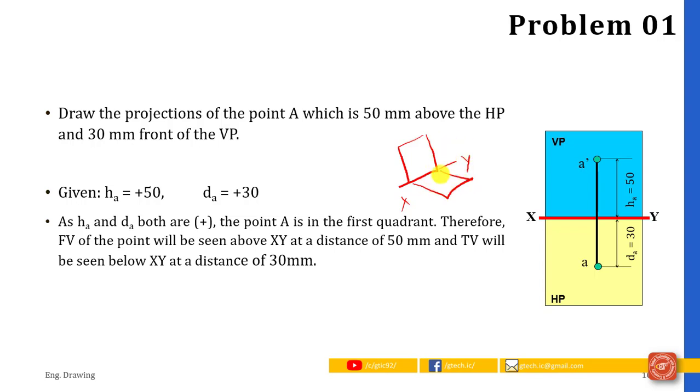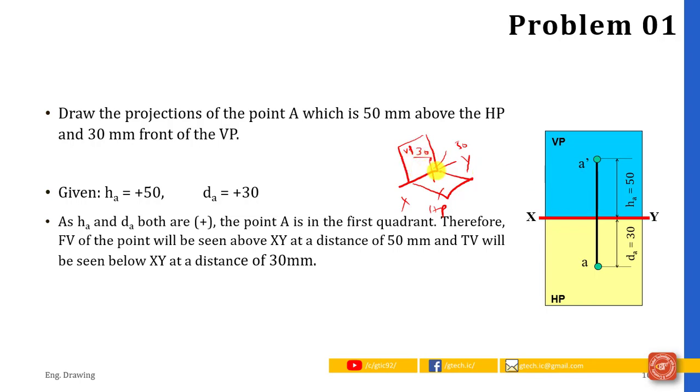Okay, let's draw the position of the point in 3D. This is the point which is 30 millimeter in front of the VP and 50 millimeter above the HP. So this is the HP, this one is the VP. The point is 50 millimeter above and 30 millimeter in front of the VP.